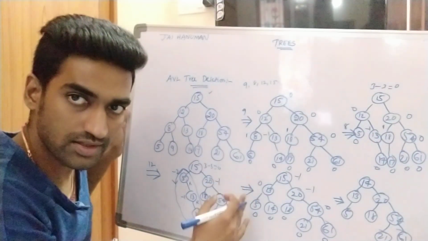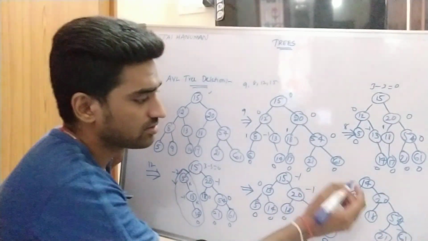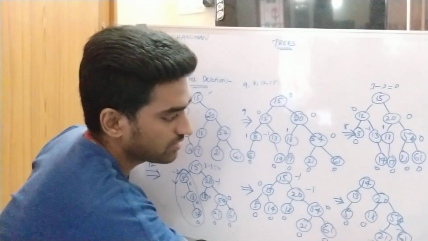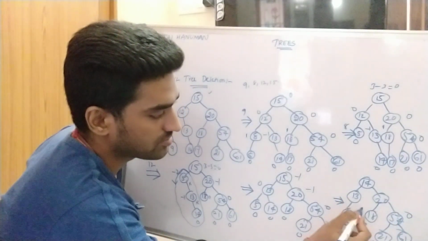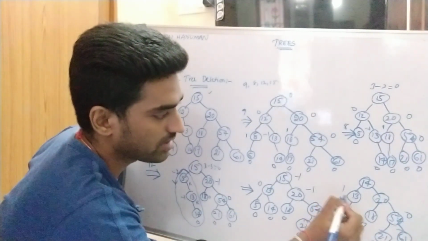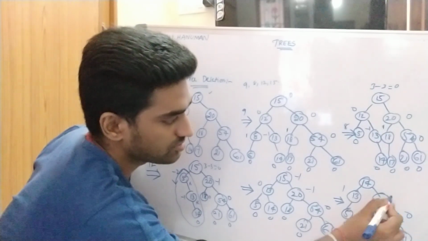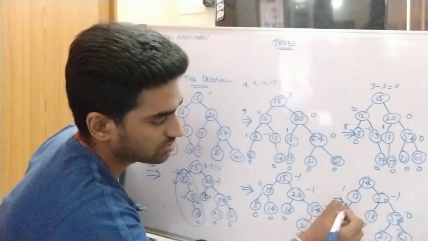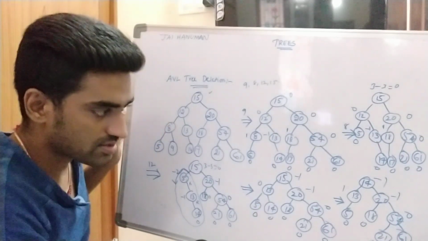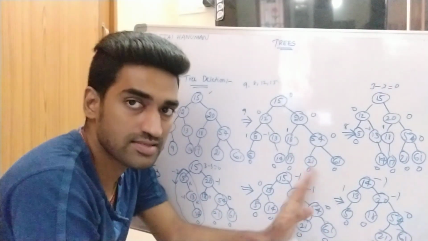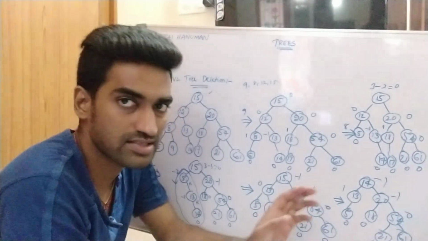There is no need to apply the rotations on that tree, right? So here 0, 0, 0 for leaf nodes. 1 minus 1, 0. Height of left 1 minus 0, 1. So 1 minus 2, minus 1. So 2 minus 3, minus 1. Right? So here each and every node maintains a balancing factor of 0 or 1 or minus 1. So that's why this is also an AVL tree.